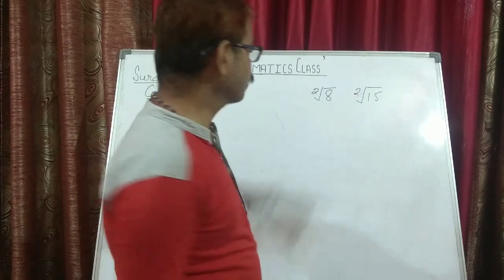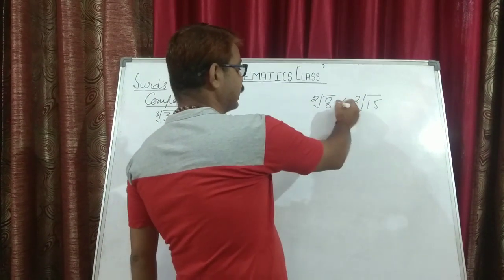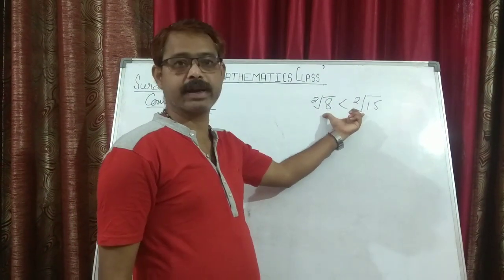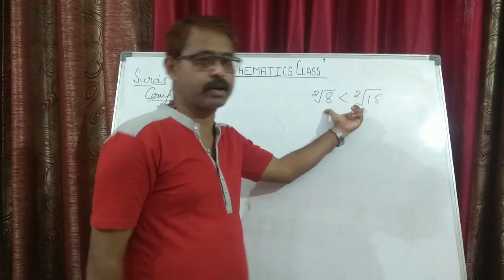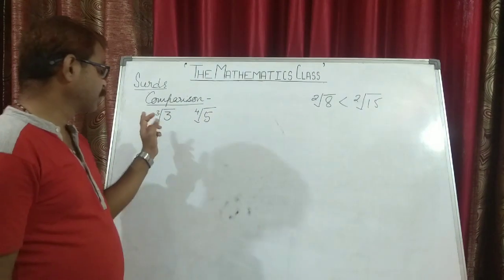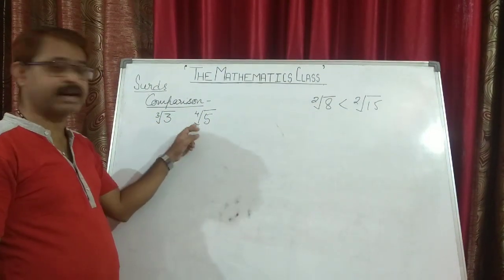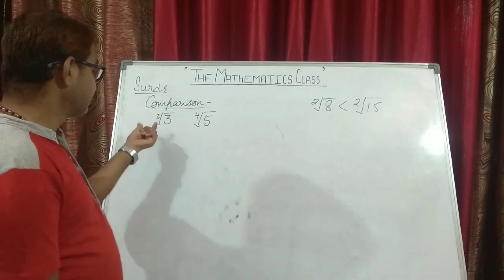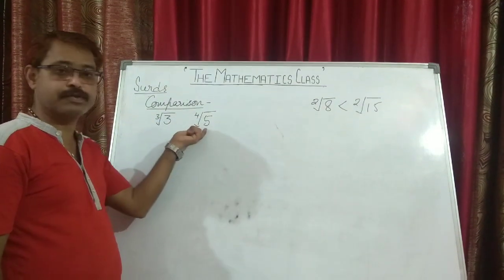So simply 8 is less and 15 is more. Means when the powers are same, then you can simply make out which one is bigger or smaller. But in this case, when you have different radical powers, first is third root, then it is fourth root.